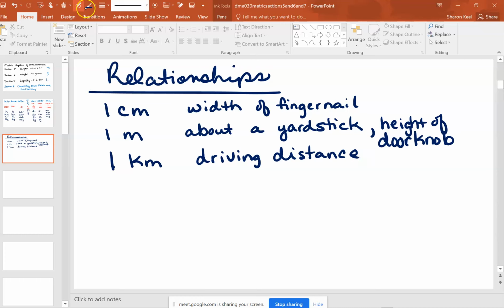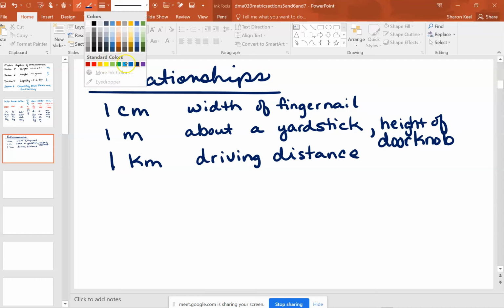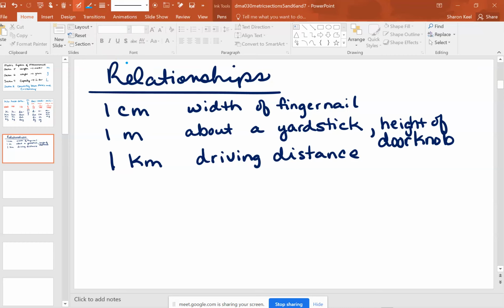As we talk about weight, let me give you a couple of examples. With weight, let's say 1 milligram, let's think about vitamins and medicine.